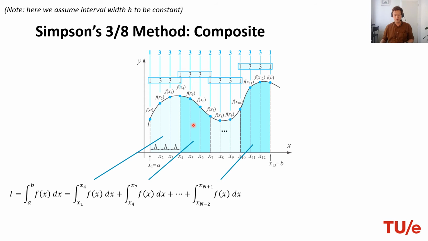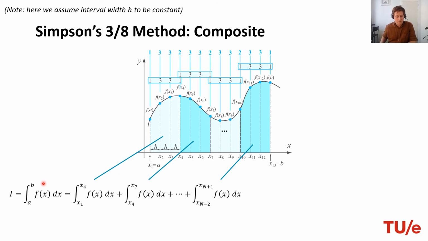And the same goes for here from x4 to x7. We can fit a cubic polynomial through this and this point. So that means that the Simpson's 3/8 method, the composite rule there, will take 4 points in every step, in every subinterval, or let's say in every combination of subintervals there.